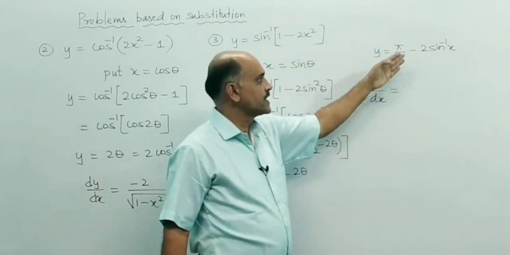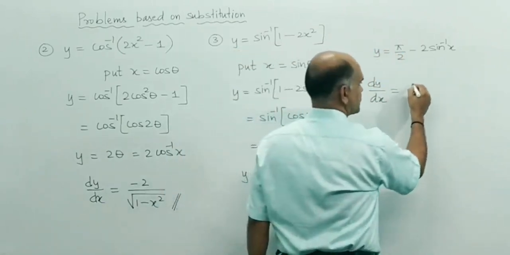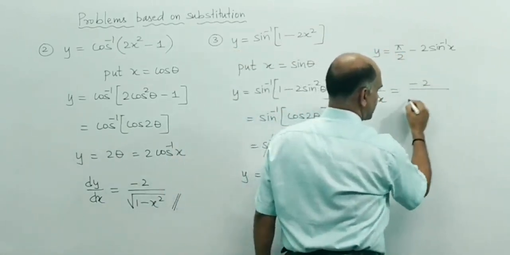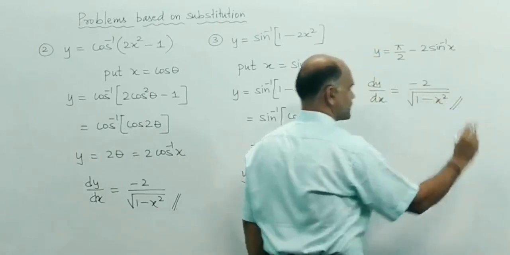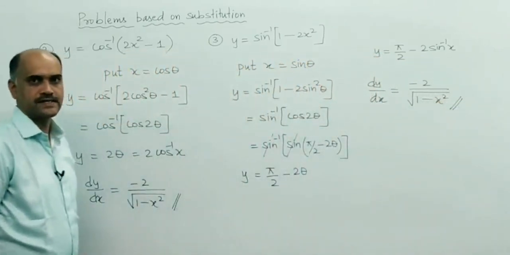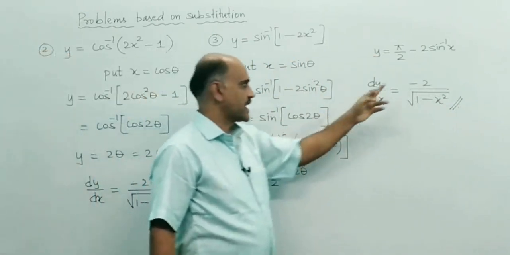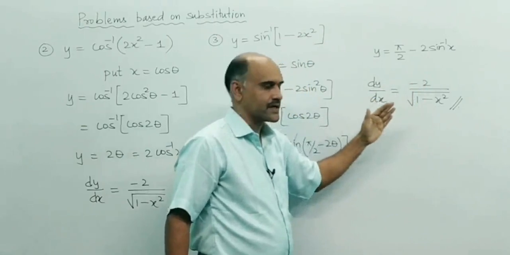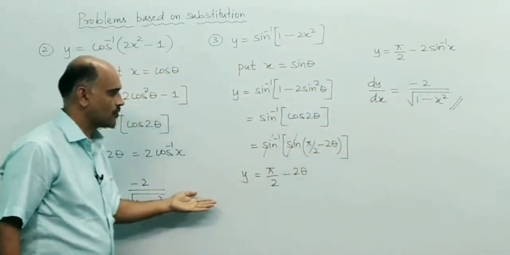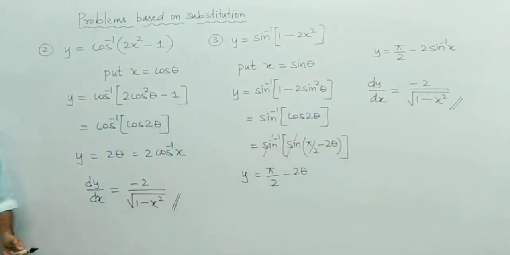Minus 2 sin inverse x means differentiation will be minus 2 by root of 1 minus x square. This is our answer. Minus 2 as it is, differentiation of sin inverse x is 1 by root of 1 minus x square. Clear, students? You can pause and solve these two problems.